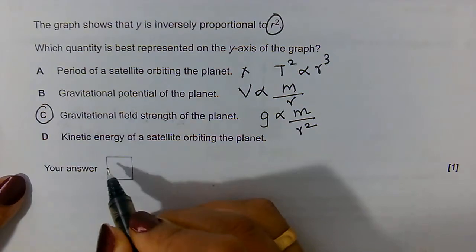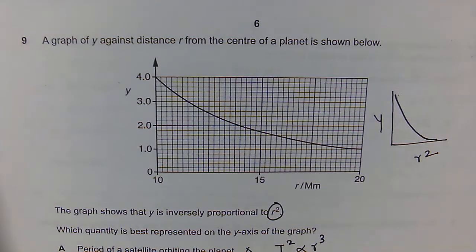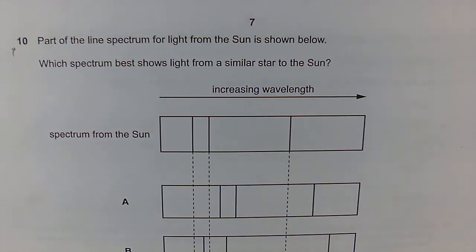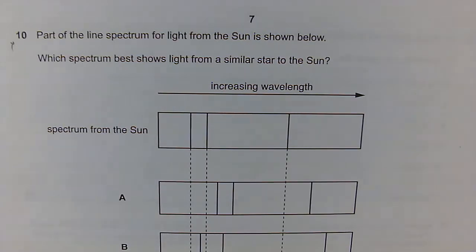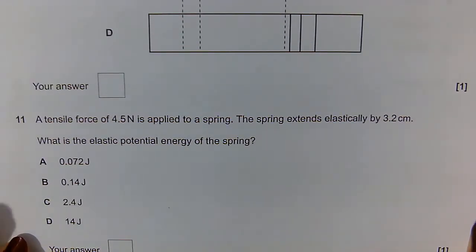So our answer is C. Now we are moving on to the next question. Question number 10 is about line spectra, which again we have not done yet. So we are skipping that one and moving on to question 11.